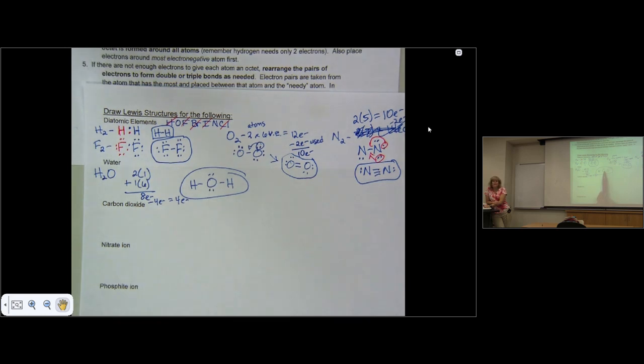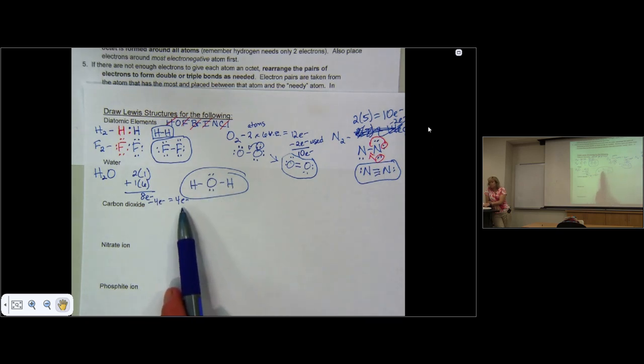And then it said bond the atoms together, placing your central atom, and then bond everybody to the central atom with single bonds. Now, I tend to do things in a straight line. You could have done it differently. It didn't matter. You could have put H up here or down here. Where did the -4 come from?